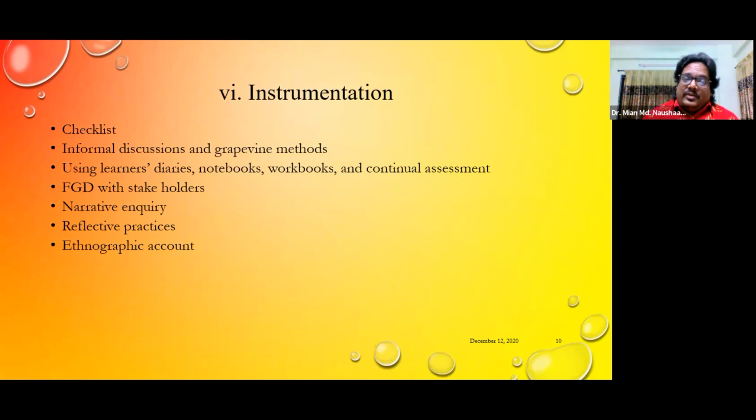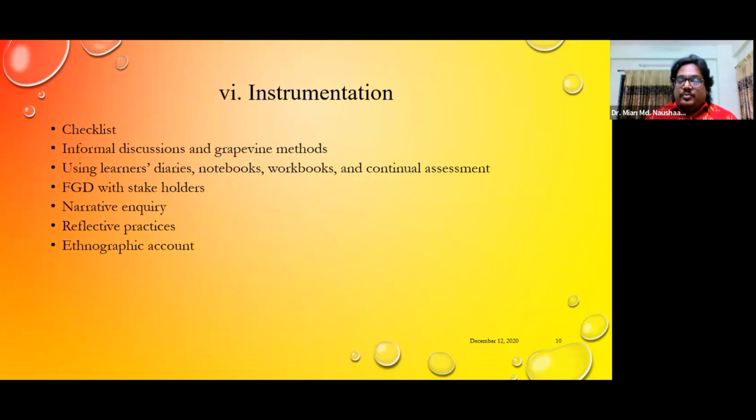Then we can also use informal discussions and grapevine methods to find out information about the course materials or course book. We can always ask our learners to take notes in their diaries or notebooks or workbooks and arrange for continual assessment. It can be formal or informal both.